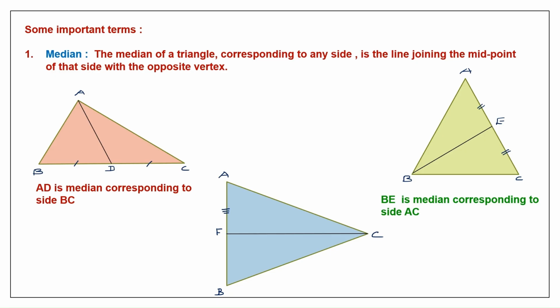So we have AF and BF. In this case, FC or CF is the median corresponding to side AB. So now I hope all of you understood what the median is. It's the line drawn from the midpoint of any side to its opposite vertex.